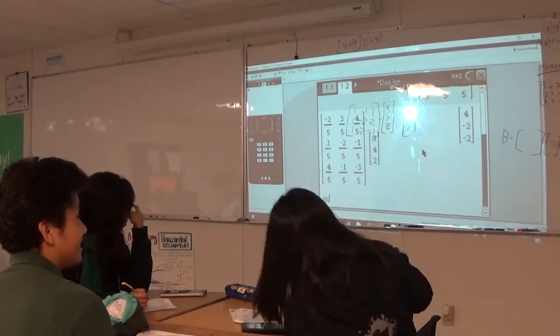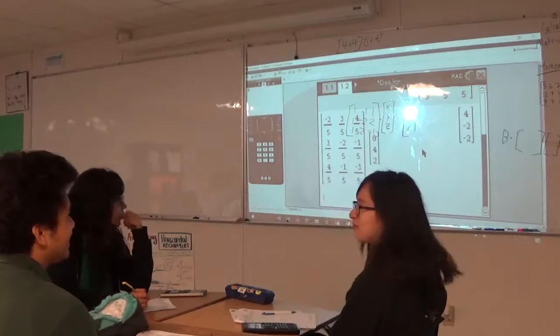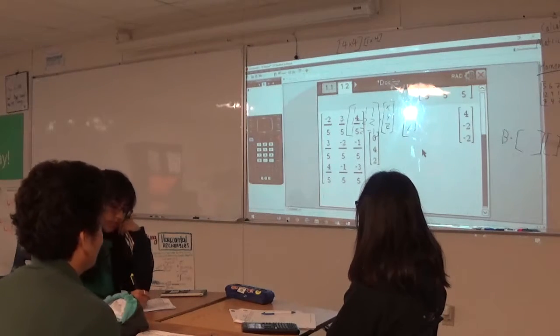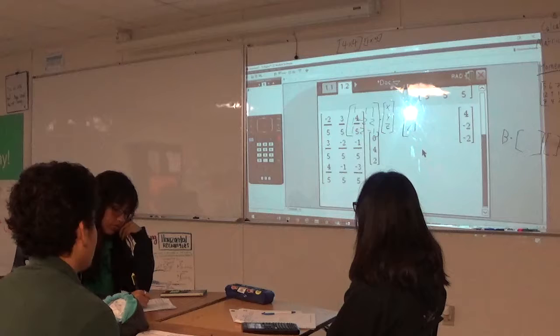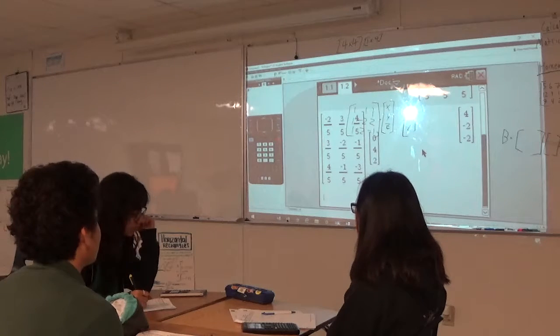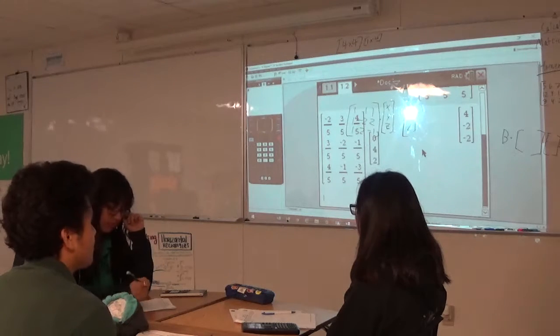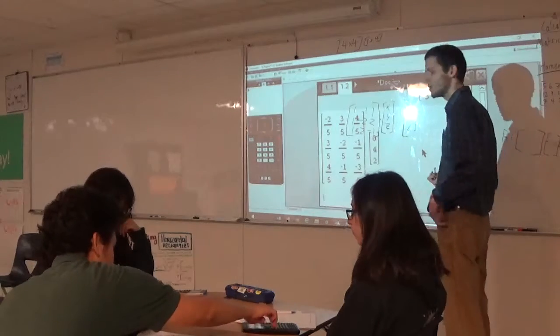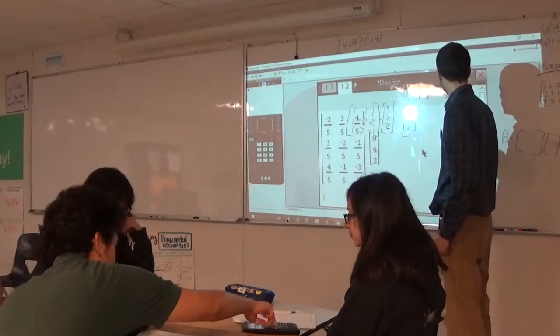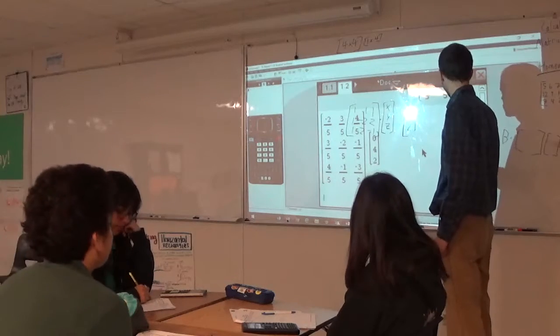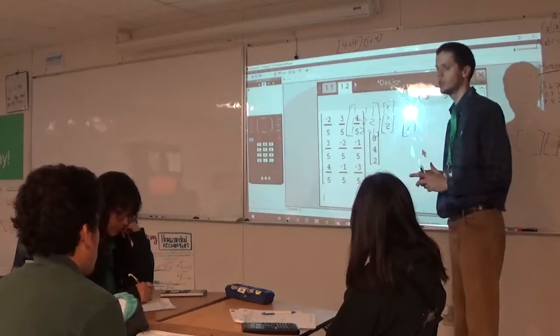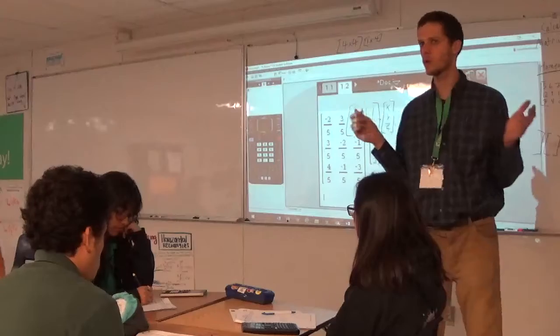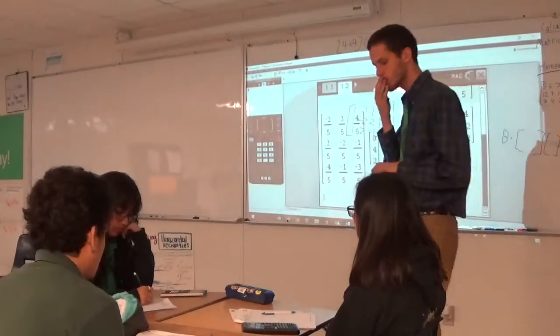And you'll see that actually in this problem, because we're going to end up with some equations that don't have a y in them. Alright, 4, negative 2, 2. Or negative 2, negative 2. The 4 is your x, the negative 2 is your y, the other negative 2 is your z. If you don't believe me, look back at your equations.